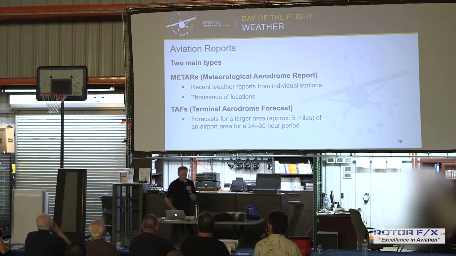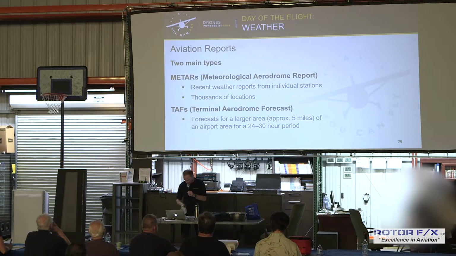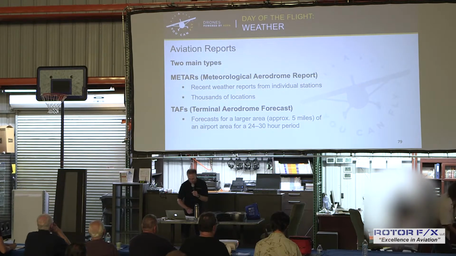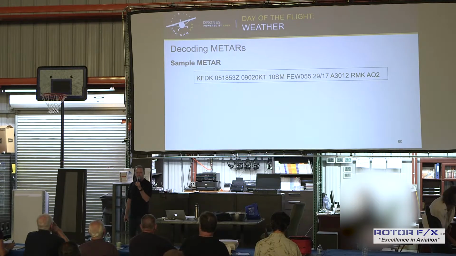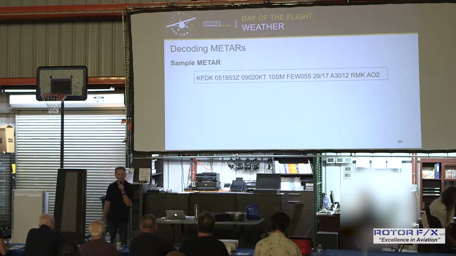These forecasts are typically for a 24 to 30 hour period. And you're going to want to learn how to read them, because there will be or may be some questions in your FAA Part 107 knowledge exam.